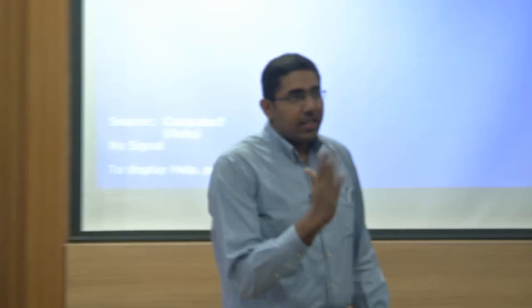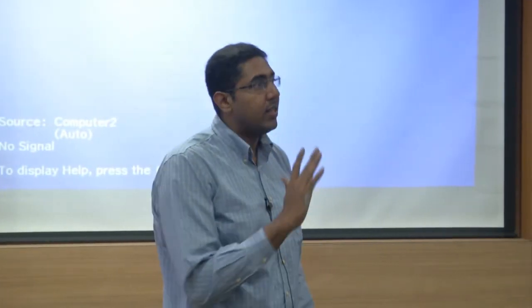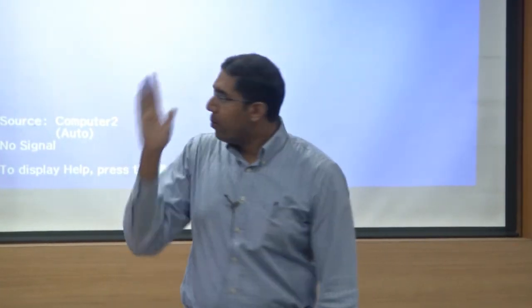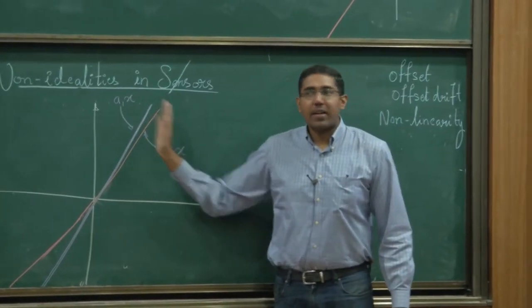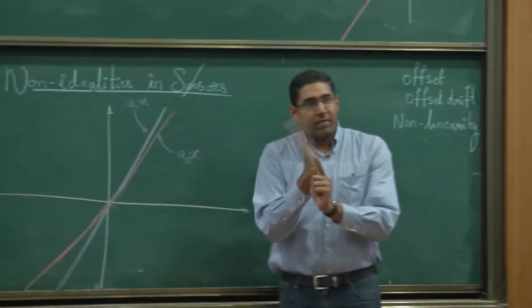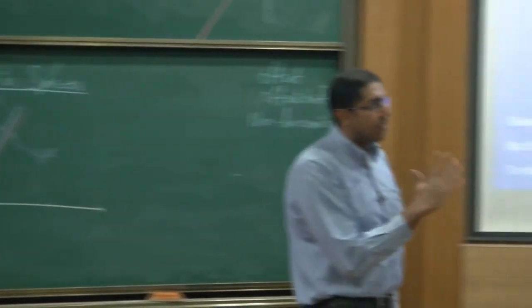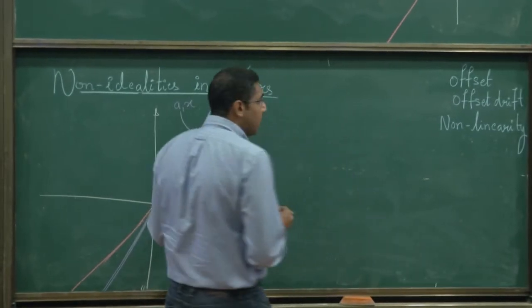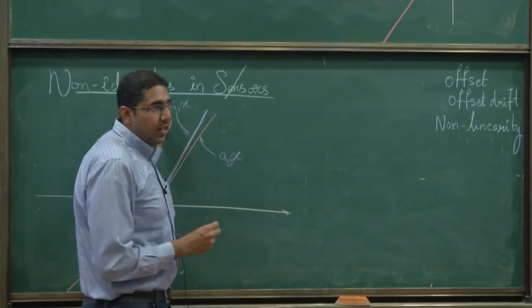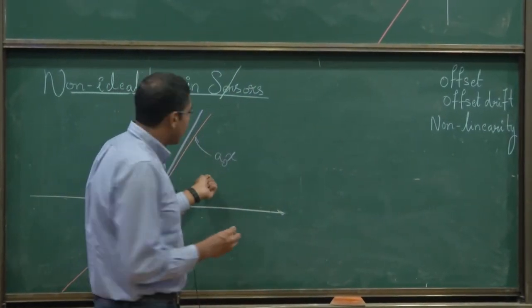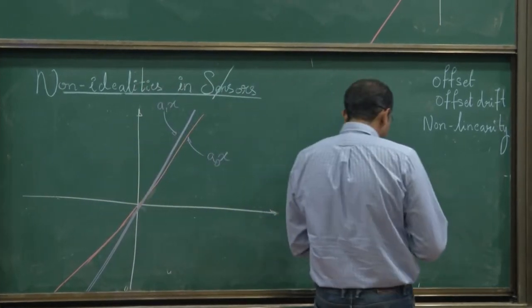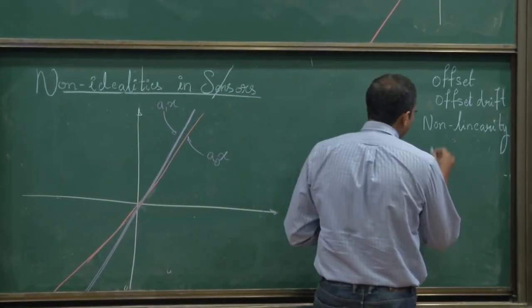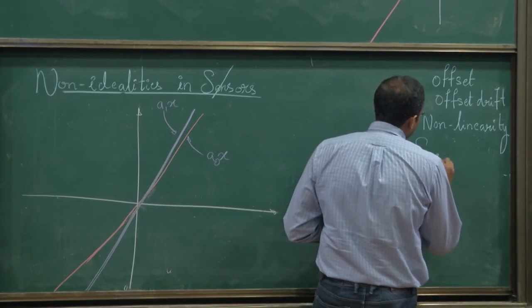The sensitivity itself is changing with time. It's no more a single slope that we thought it is, but rather the slope itself changes with time. And this A0 is the sensitivity, A0 changes with time, right? So therefore, this is also called sensitivity drift.